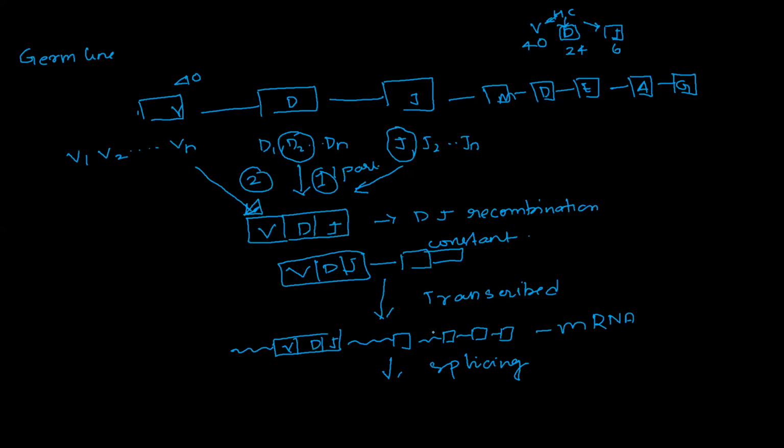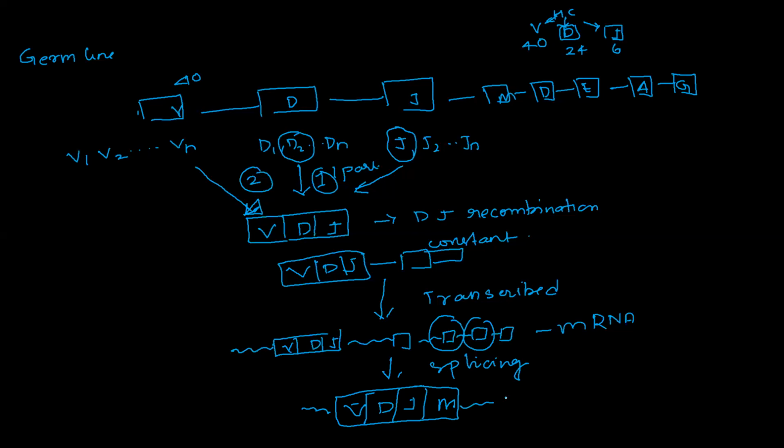After splicing, whichever constant region gets chosen also combines with the VDJ. Suppose here the expressed one is M. So VDJ and M.